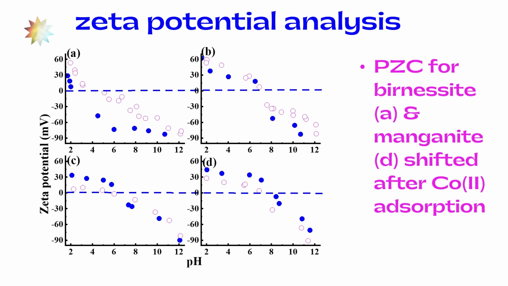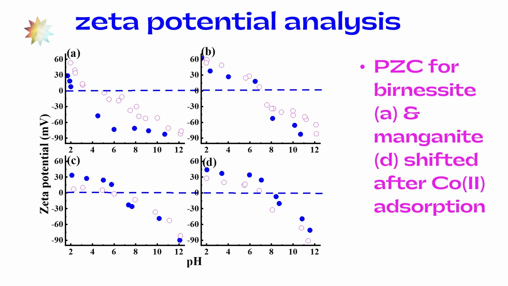Now let us consider some practical examples for adsorption of cobalt onto birnessite, pyrolusite, hausmannite, and manganite. In case of birnessite A and manganite D, the point of zero charge has been shifted to some extent, which indicates the formation of inner sphere complexation.